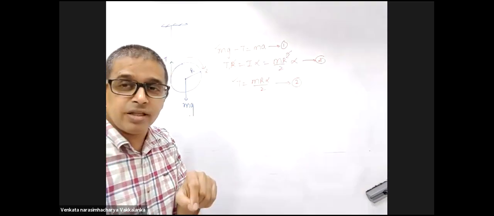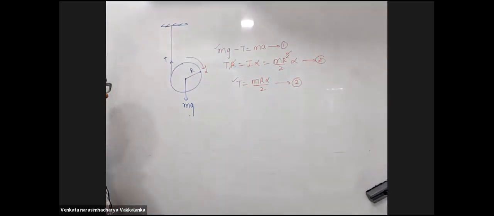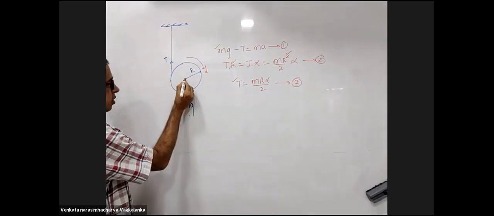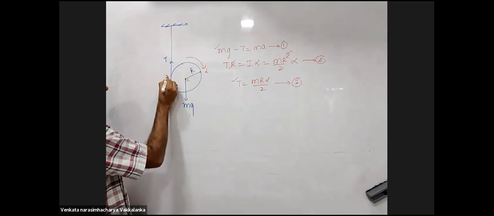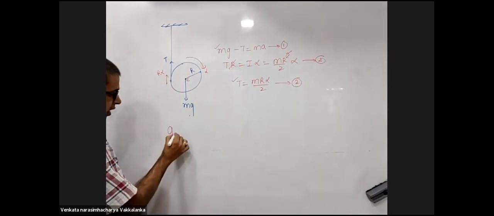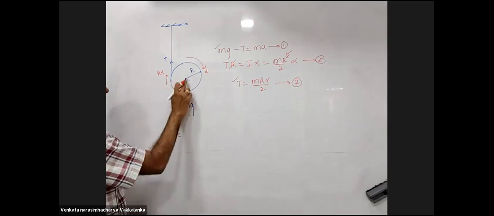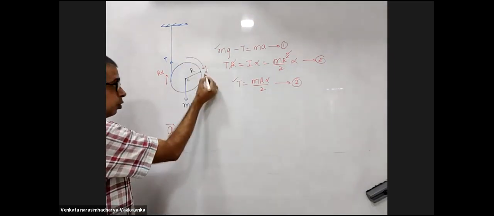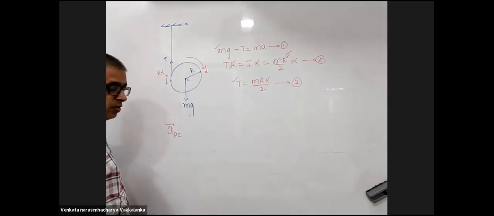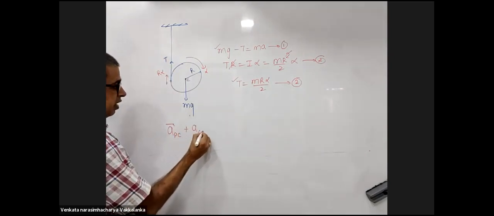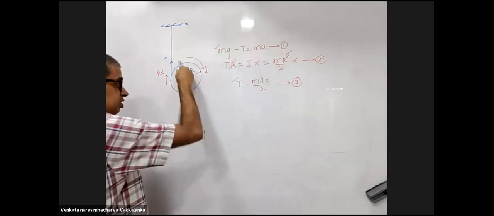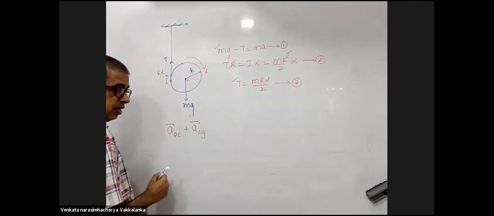Now the beauty in this problem is the constraint relations. Observe very carefully. Acceleration of point P with respect to center of mass is R alpha. You took alpha in the clockwise, so R alpha is upwards. Plus acceleration of center of mass with respect to the ground, A, is in downward direction.